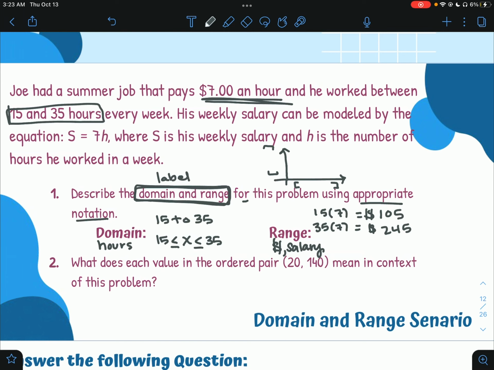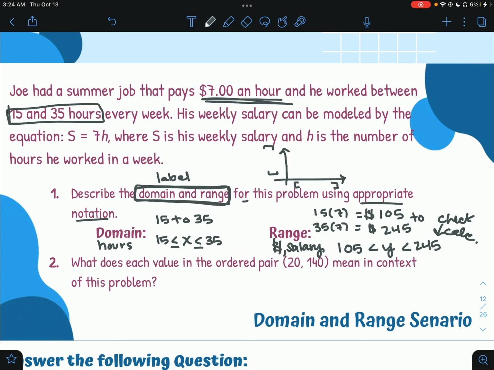So our range, our salary is 105 to 245. We set that up with our Y because range is our Y. I think I did this math right. It could be wrong. Y'all check it with your calculator. I don't have a calculator handy.